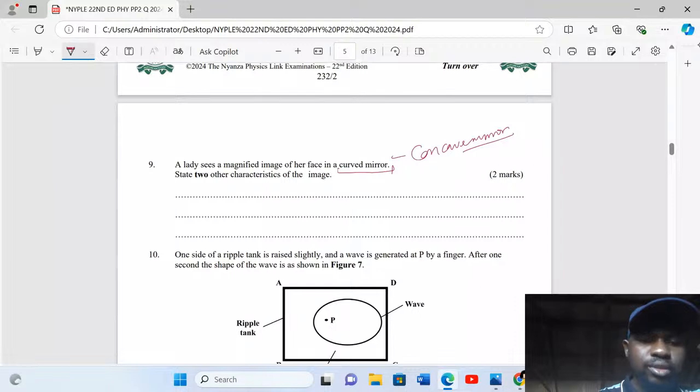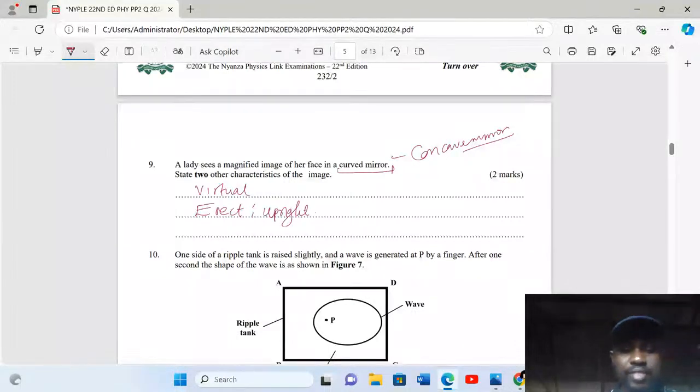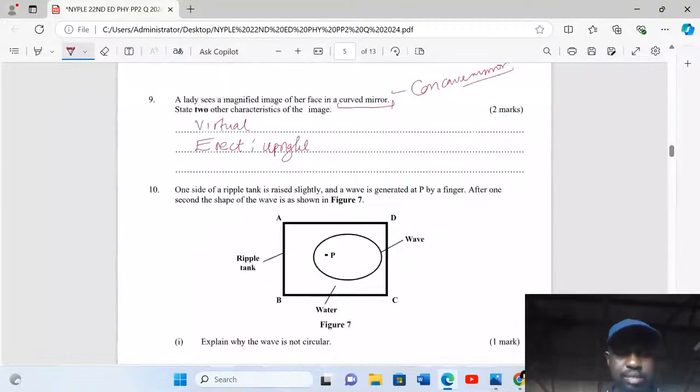So you can say the image is virtual and erect, or upright, and it is formed behind the mirror.